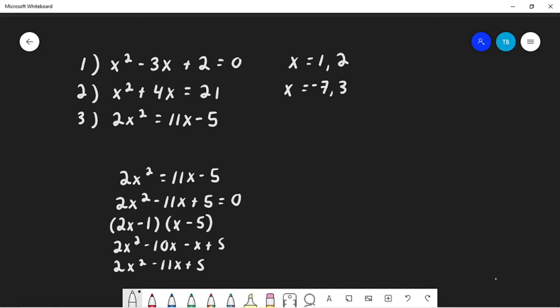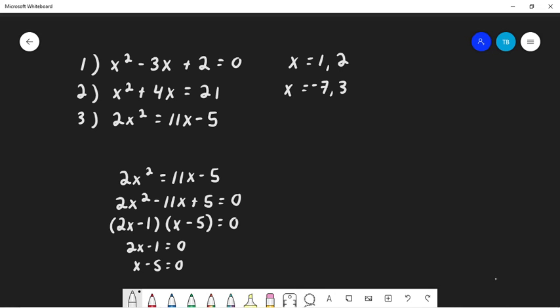So that checks out. We did do a little bit of guess and test, and we did determine that the two binomials are 2x minus 1 and x minus 5. Alrighty. And then we set that equal to 0. And then we set each of the individual factors equal to 0 as well. So we can say 2x minus 1 equals 0, and x minus 5 equals 0.